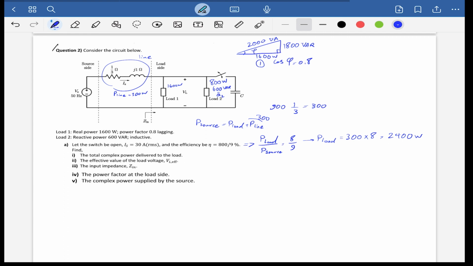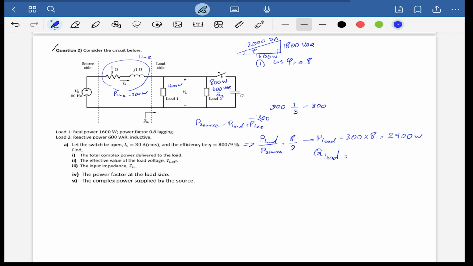We also know for load 1, the reactive power is 1800, and also for load 2 is 600. So the overall reactive power of the load will be 1800 plus 600, which will be what?